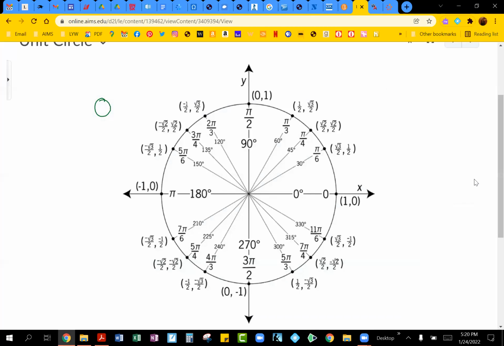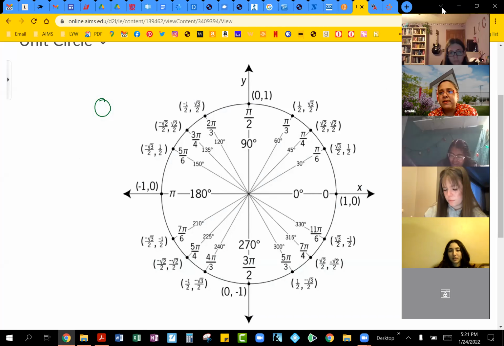And so when we're talking about pi over 12, where do you think that angle is going to fall? Is that going to be smaller than 90 degrees or larger than 90 degrees? Because you can see where pi over 6 is in this unit circle. So where do you think pi over 12 will fall?